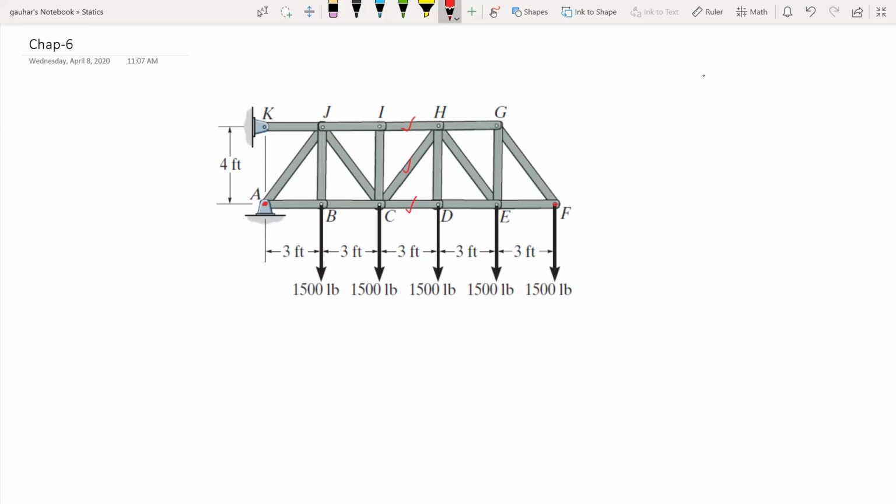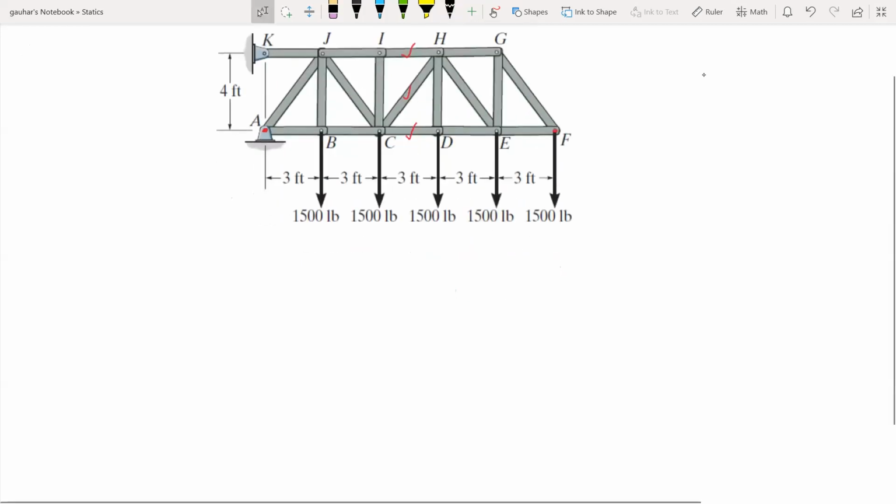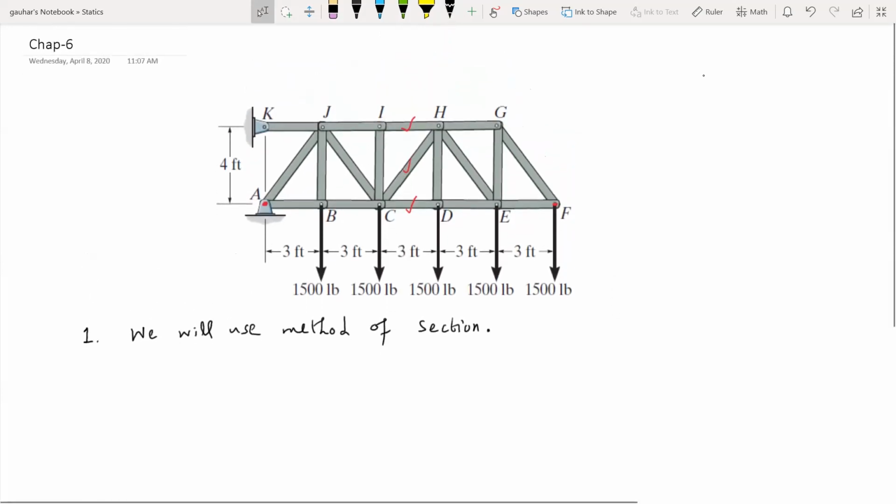Now this is the truss and we are using method of sections. First of all, let's write that down. Number one, we will use method of sections. It's also important to write down the statement because we need to tell that we are using this method to solve the problem. Now, where should we cut the section?